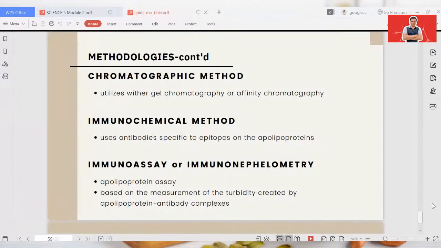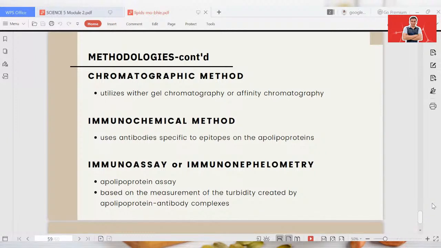So, next is the chromatographic method. Chromatographic method is based on the principle of separation or purification by chromatography, which is based on different adsorption and nonadsorption.